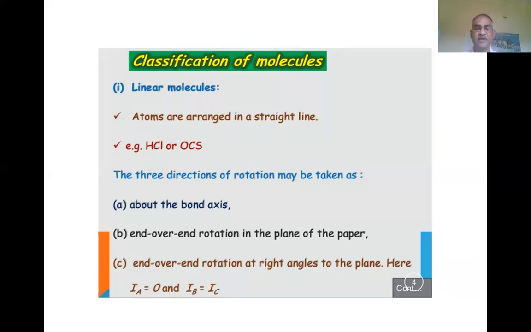So these are IA, IB, and IC. Along the bond axis, the moment of inertia will be 0 because it is arranged in a straight line. But in the other two directions you have moment of inertia. So IB is equal to IC and IA is equal to 0 for these linear molecules.